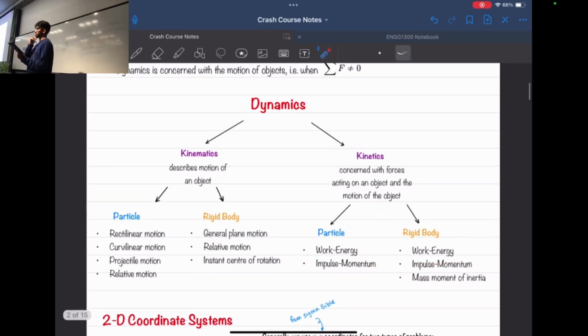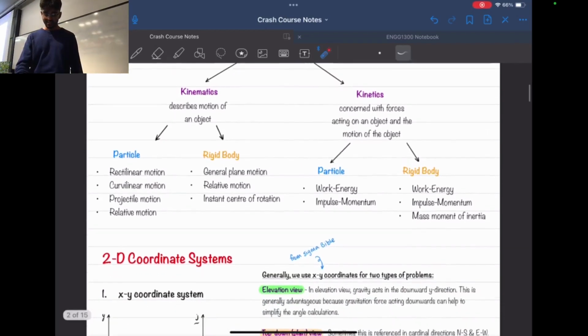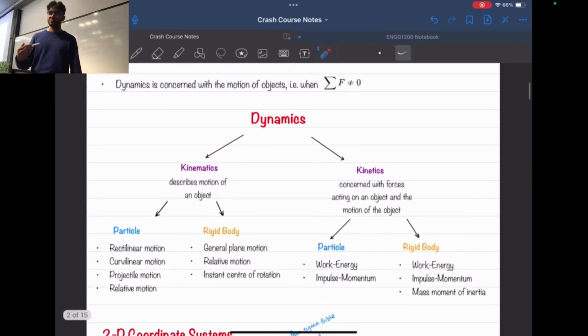I think people are copying it down. I'll give you a few minutes to copy it down. Some of the 2D coordinate systems I just copied from your Bible. I already showed you some of this stuff, and I'll go through it in a bit more detail.